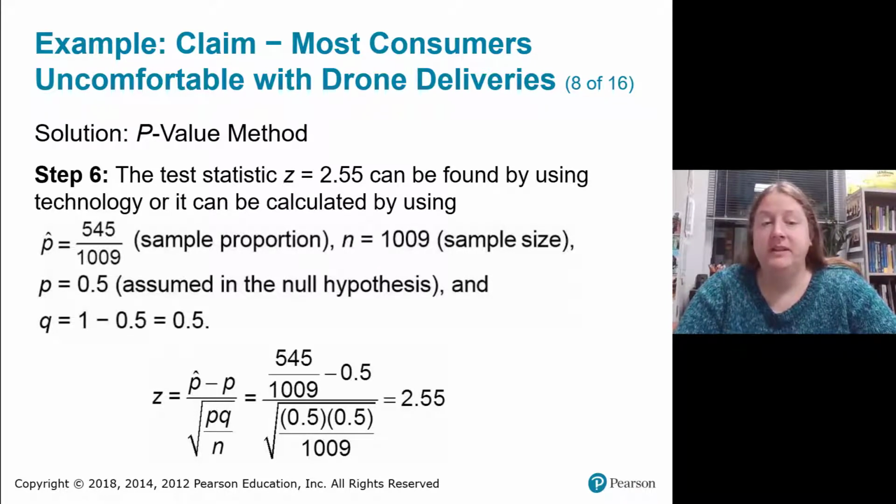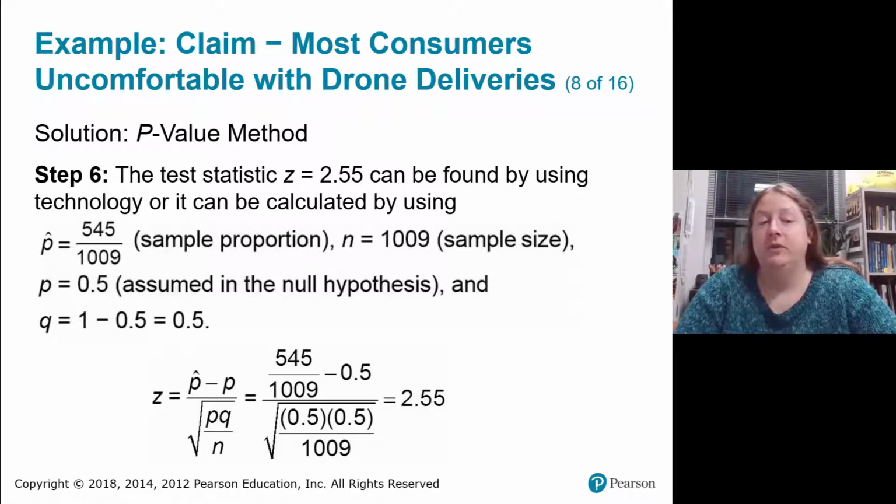So going into our table, we find the test statistic z equals 2.55. We can find it by using technology. We can also calculate it. If we don't have technology available, we use this idea that z equals p hat minus p divided by the square root of p times q divided by n. We know p and q, we know n, and p hat we can find using our sample data that we were given.